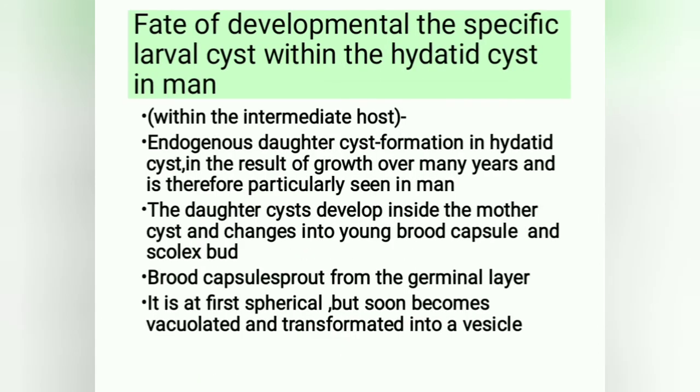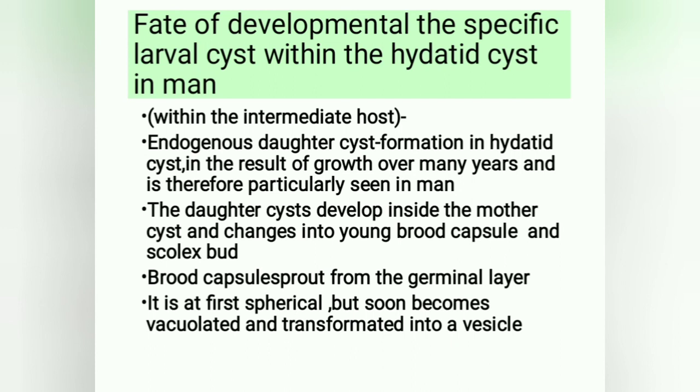Fate of development of the specific larval cyst within the hydatid cyst in man. Within the intermediate host, endogenous daughter cyst formation in hydatid cyst is the result of growth over many years and is therefore particularly seen in man. The daughter cysts develop inside the mother cyst and change into young brood capsules and scolex buds.